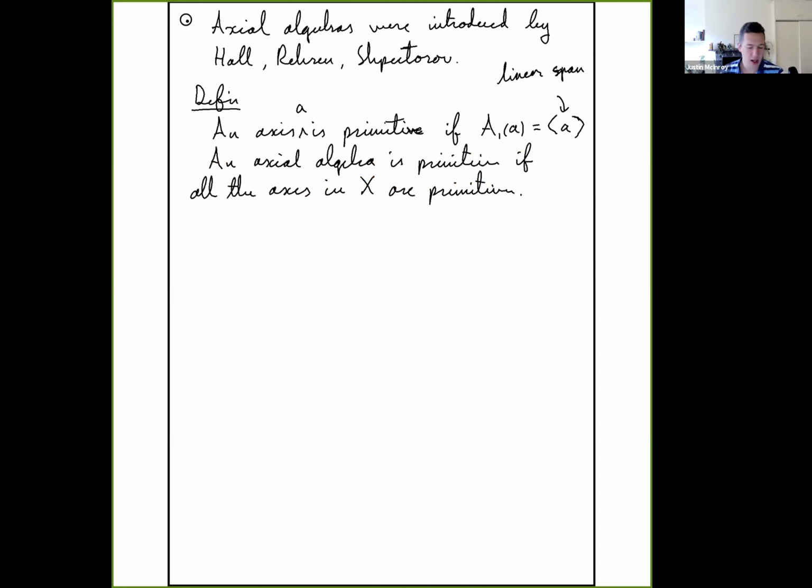Okay, so this is a property which we're often going to assume. It turns out that certainly the Griess algebra is primitive. Lots of these Jordan algebras are primitive. So it's not an unnatural thing to assume.